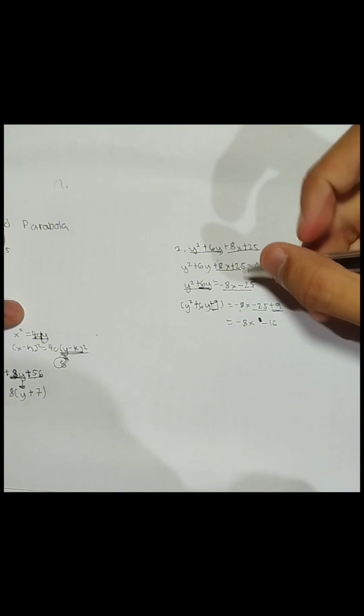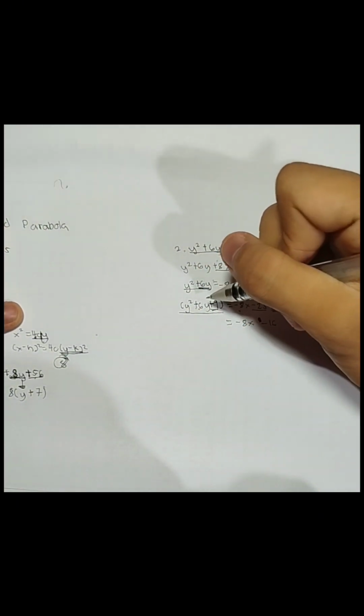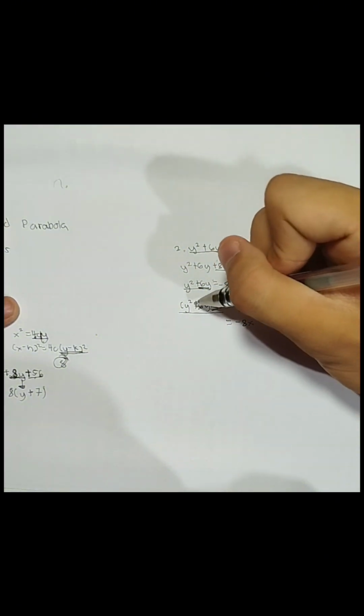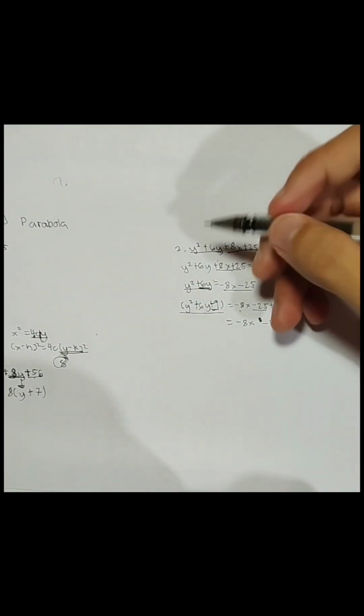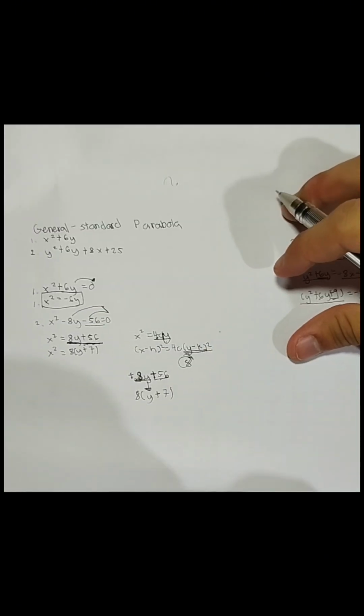Now, next thing you want to do here is find its squared form. So what you want to do is get this to a squared form, for example, like x minus h squared.